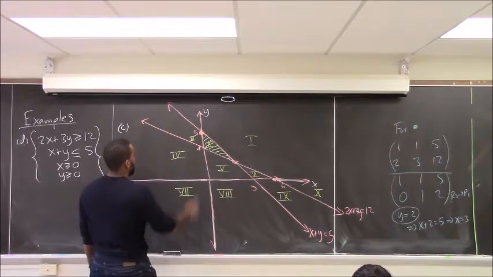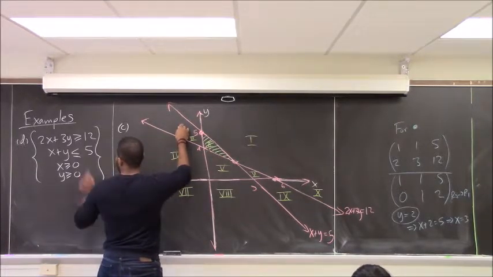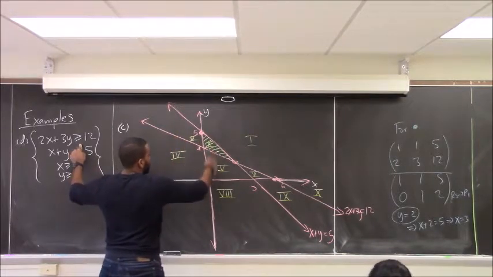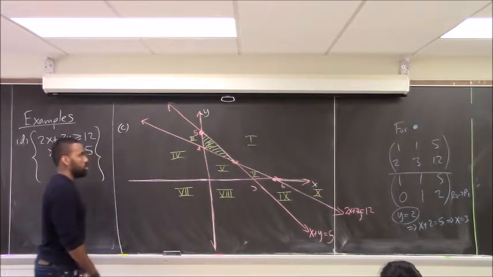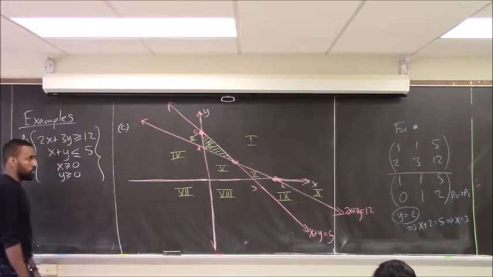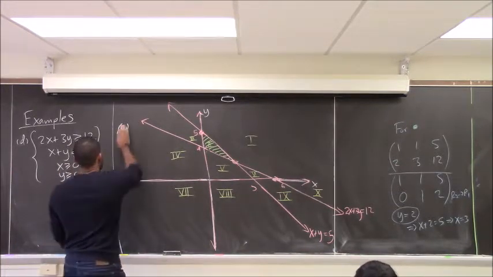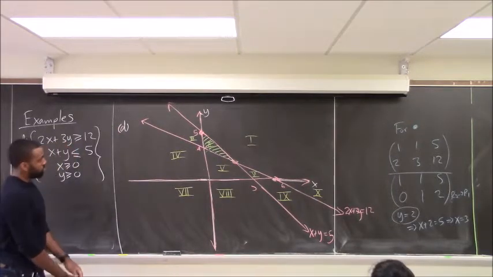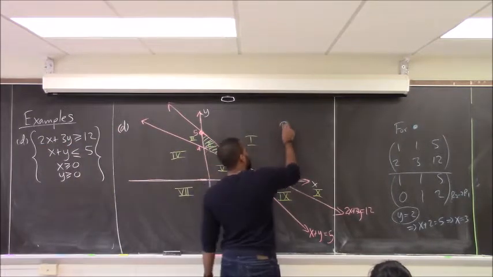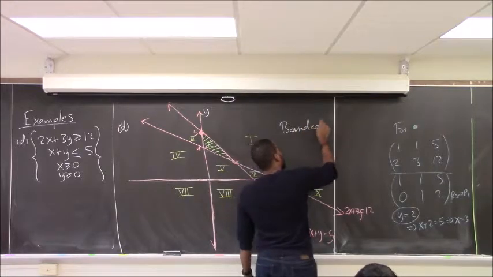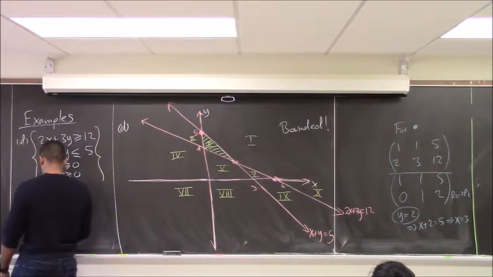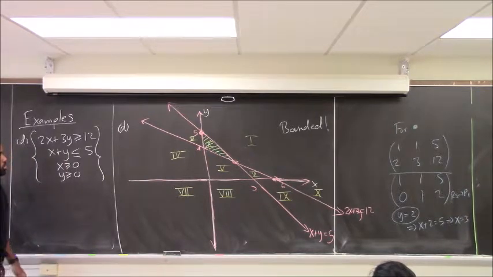That is below this line, above that line, to the right and above that. So yeah, 2 would be the solution region for D. As you can see, this is a bounded region. So that's where your shading should have happened for D.